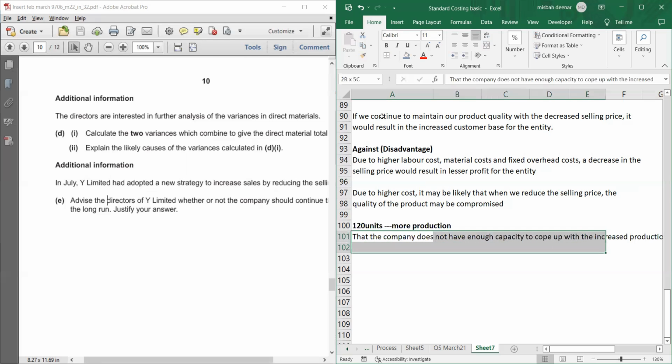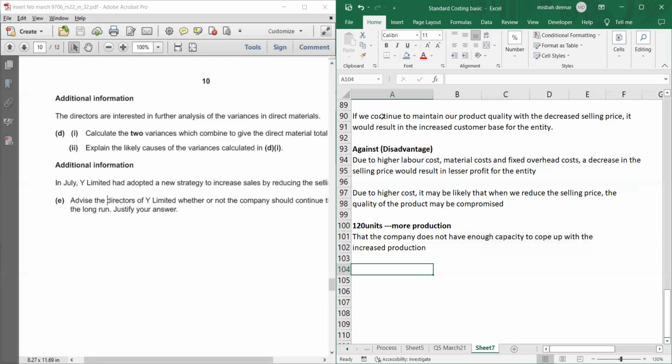Sir, why is that? It is because maybe the company is built in such a way that it can produce a maximum of 1100 units or any such units or below it.